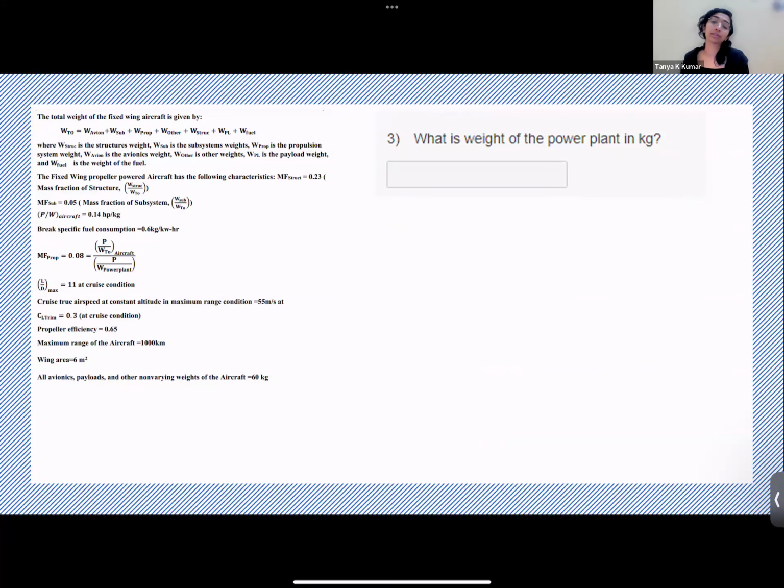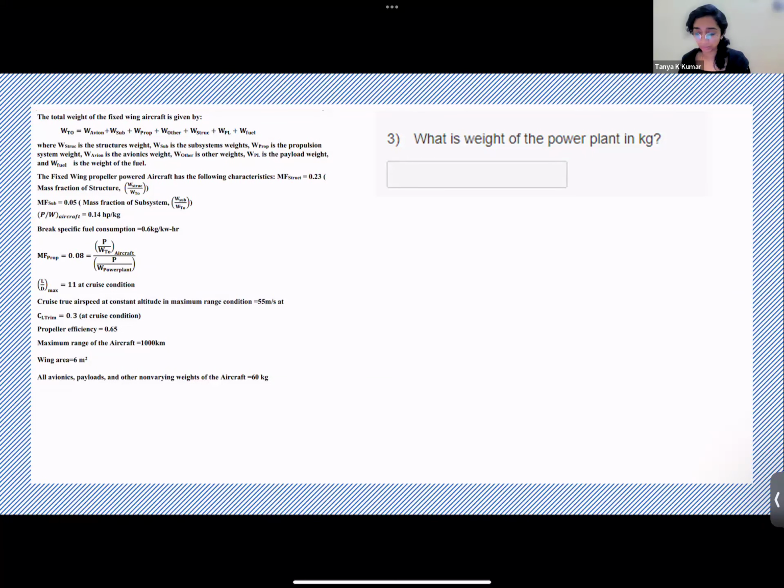What is the weight of power plant in kgs? This should be simple, right? Now that you have the takeoff weight and you have the mass fraction, it should be very simple. How do you do this?